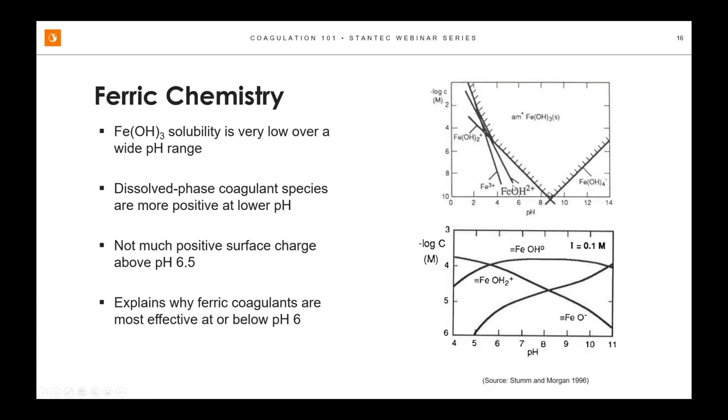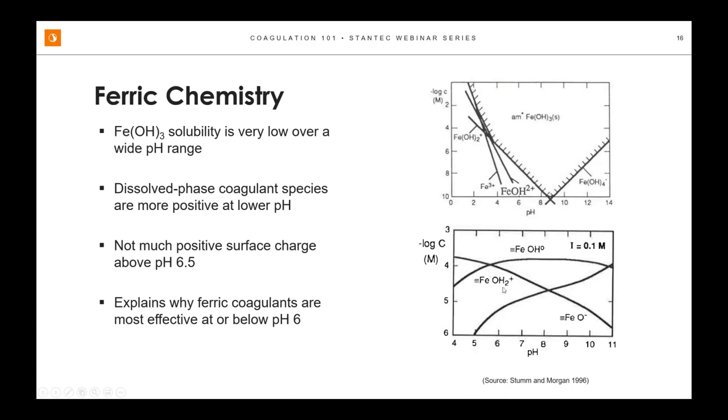The other thing, though, is that the really strong positive species, like the Fe3+, exist at a much lower pH than alum did. Now this graph, the bottom one, shows the surface charge of iron hydroxide particles, and a neutral flock charge kind of dominates through most of the range.